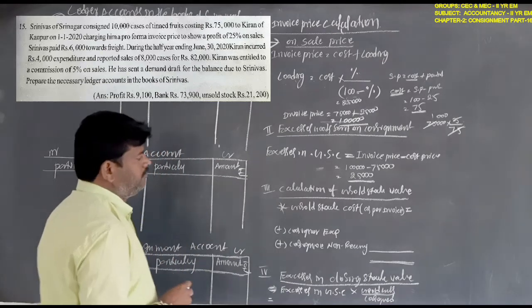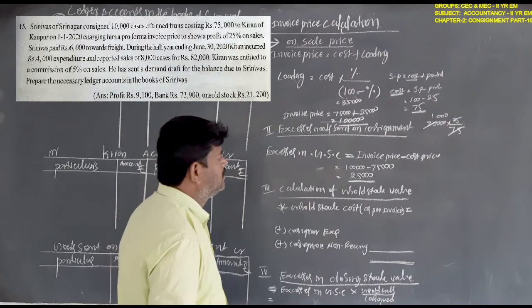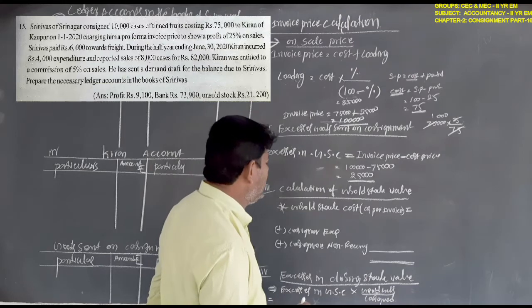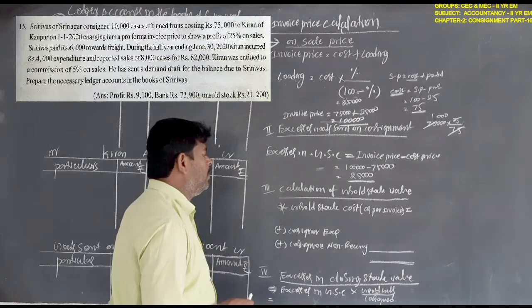Here we also calculate the closing stock. Only 8,000 units are sold, and the remaining 2,000 are unsold.